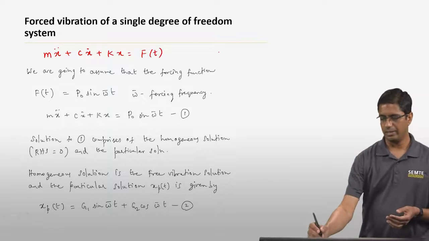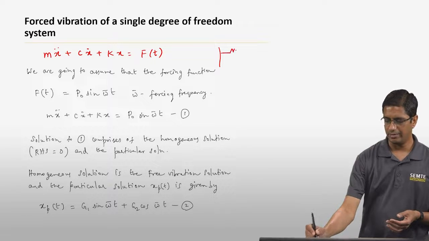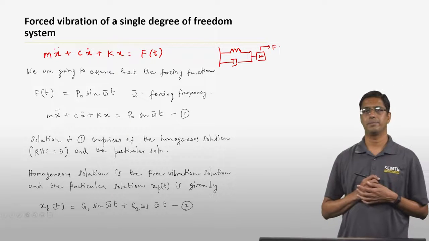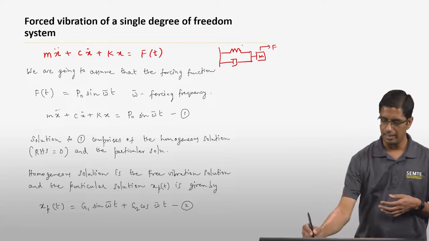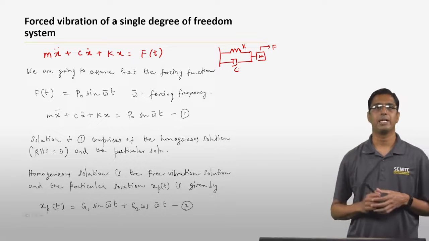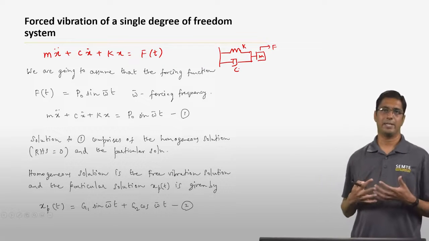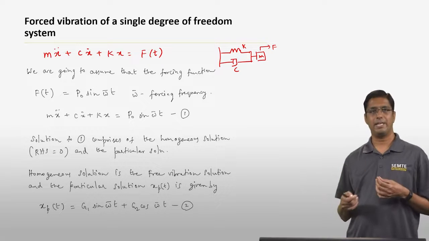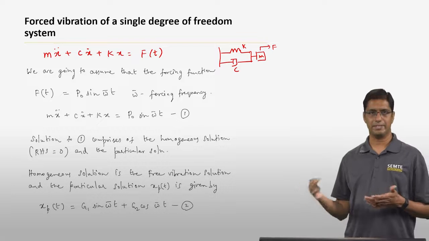Essentially you have a system with a spring and a damper connected to a mass, and the force F is applied to that mass. This is the spring k, and that's the damper c. That is where we get this equation, where x dot is the derivative with respect to time.